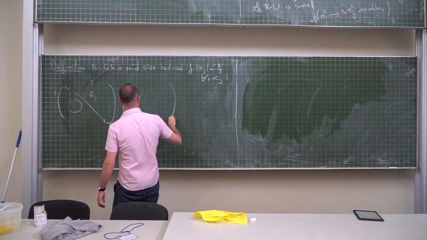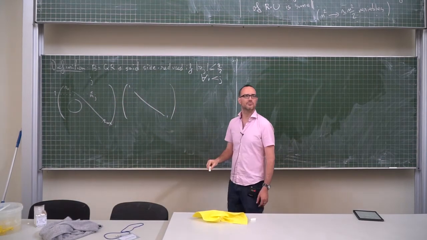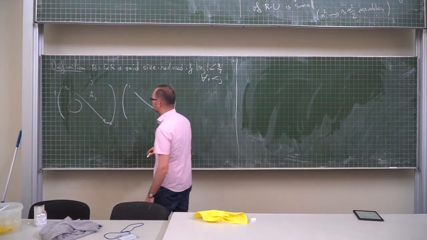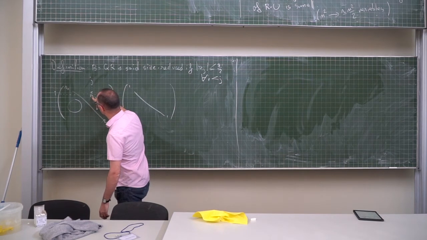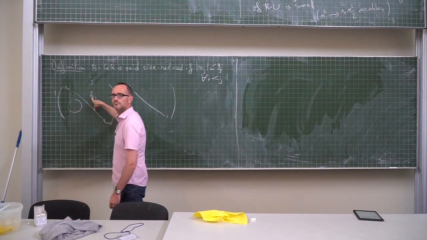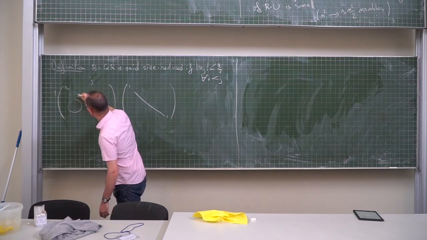I can multiply by the following matrix, which says keep all the columns as they are, but subtract some multiple of column i from column j. In particular, here there is R_ii.